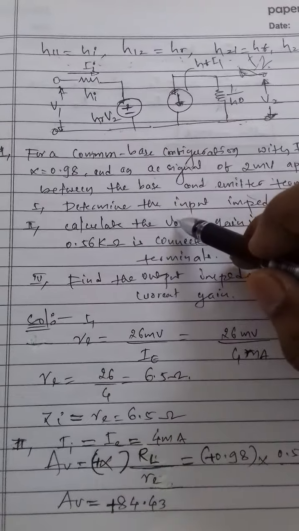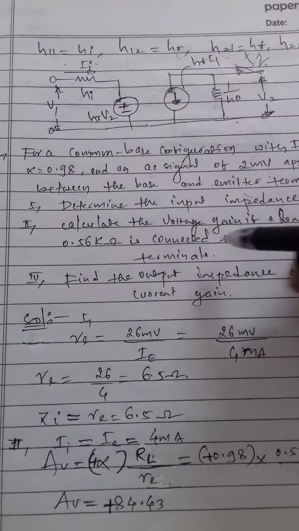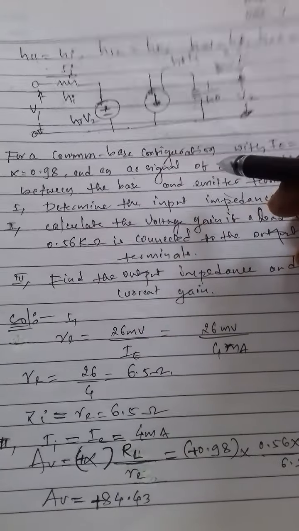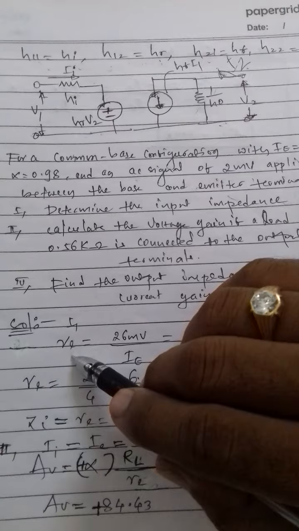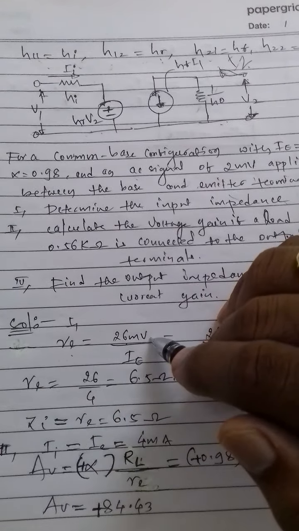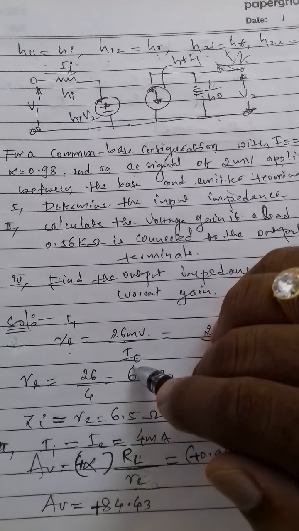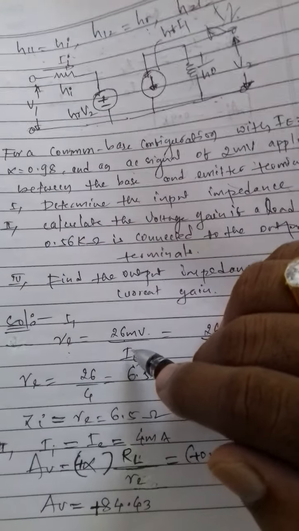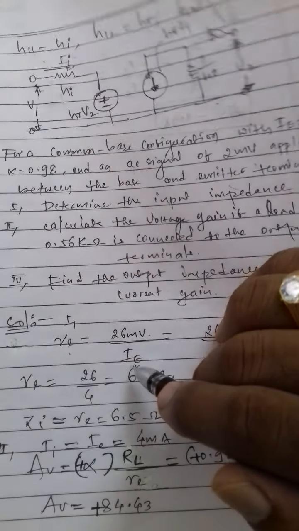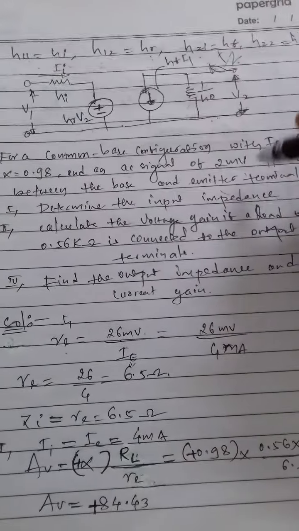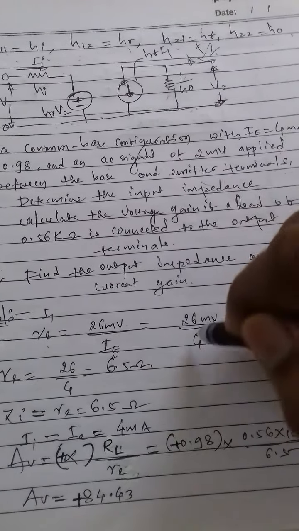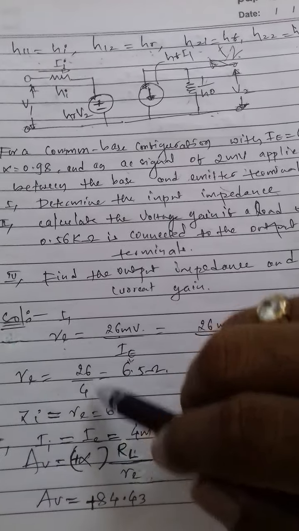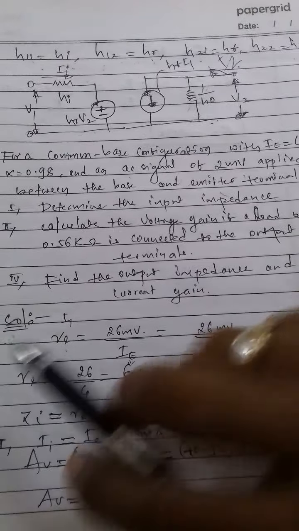First of all, you have to determine the emitter resistance: RE is equal to 26 millivolt upon IE, the emitter current. Here the emitter current is given as 4 milliampere, so 26 millivolt upon 4 milliampere is equal to 6.5 ohms.